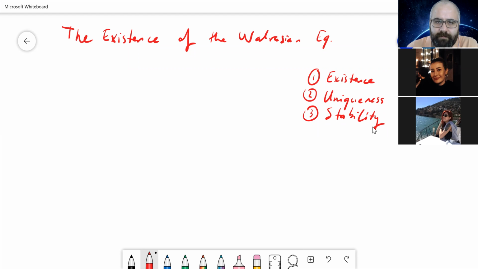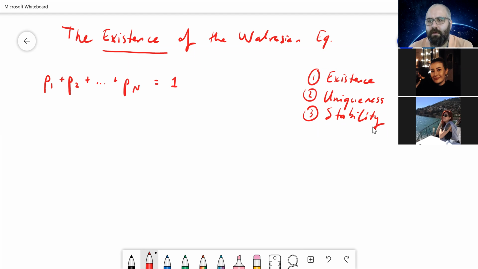Now, to talk about existence, we want to do this normalization, okay? P1 plus P2 plus dot dot dot Pn equals 1. All right? Unit simplex. So this is the normalization we are just going to use.